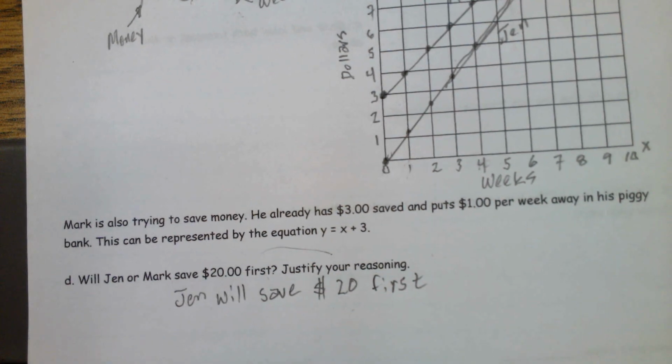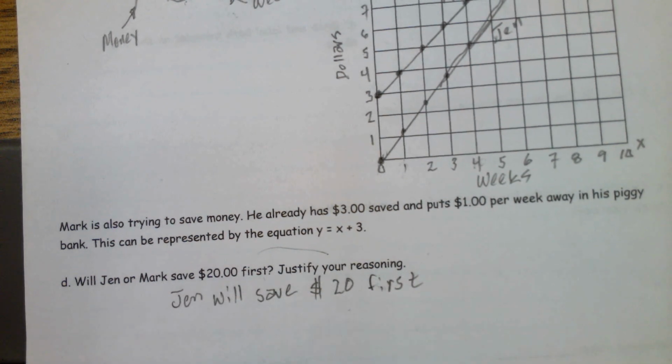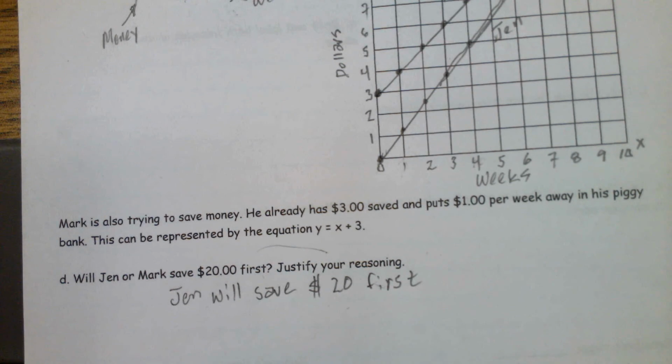Okay. Let's do the justify part. How do we know that Jen's going to save $20 before Mark?